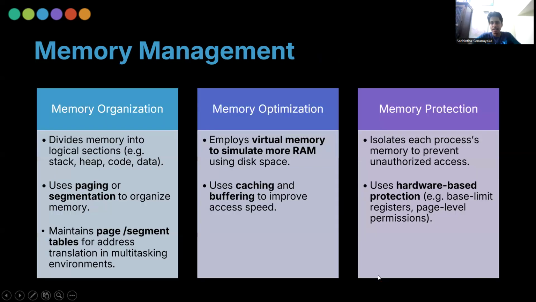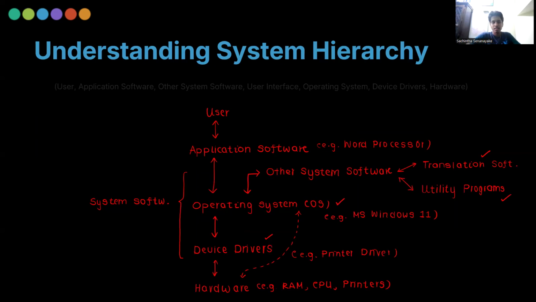Oops, sorry, that was a small presentation issue, but I'm back on the normal slide now. The printer driver could be an example of a device driver. And then an example of a translation software could be, for example, a compiler.